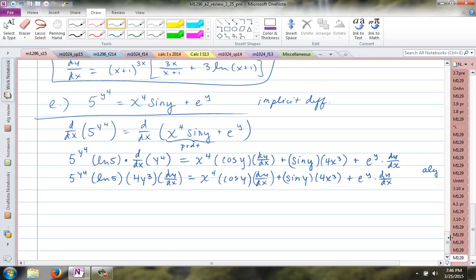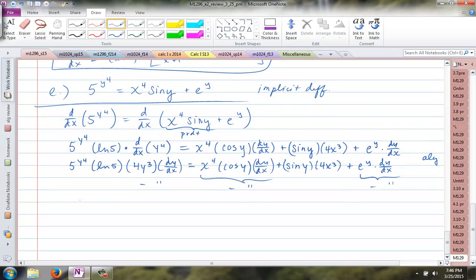Good. Okay, so I don't know. Let's move over these two. So minus that, minus that. I'm getting really lazy. So then we have 5y to the 4th times ln 5 times 4y cubed times dy over dx.